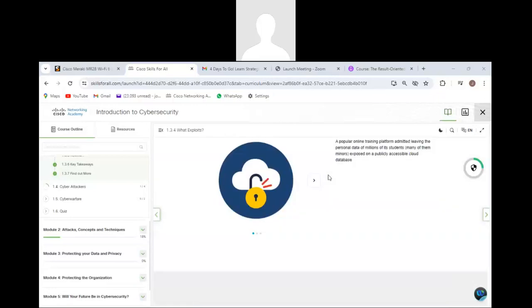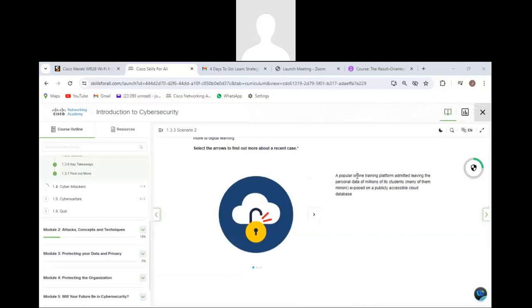Now, we look at the case study. A popular online training platform admitted leaving the personal data of millions of its students, many of them minors, exposed on a publicly accessible cloud database. Hackers were able to directly access students' full names, email addresses, and more from the internet.